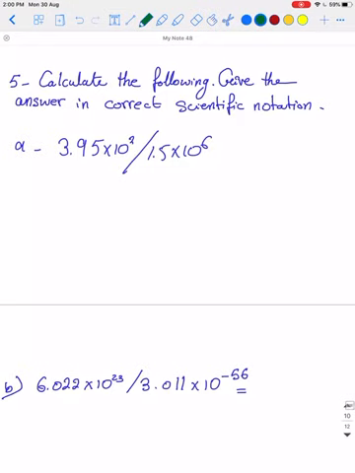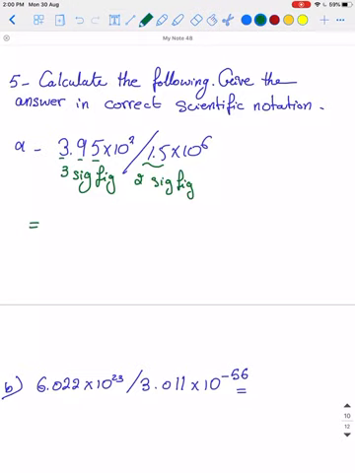In number 5, I have division, so the rules of division govern here, and the answer should be to the least number of significant figures. Let us count. Here 1, 2, 3, this number contains 3 significant figures. This number contains 2 significant figures, so the answer should be up to 2 significant figures.